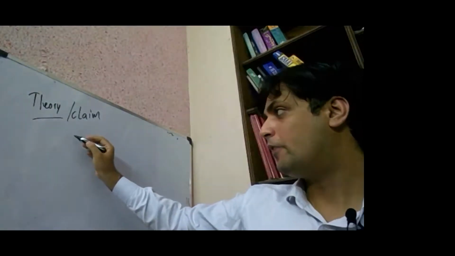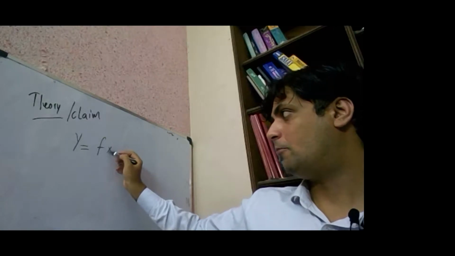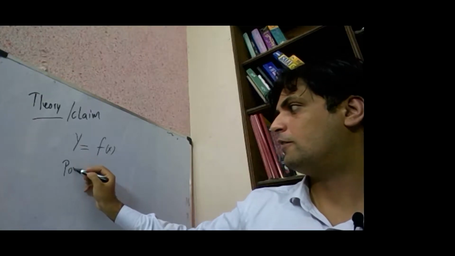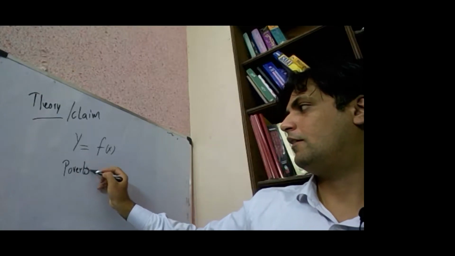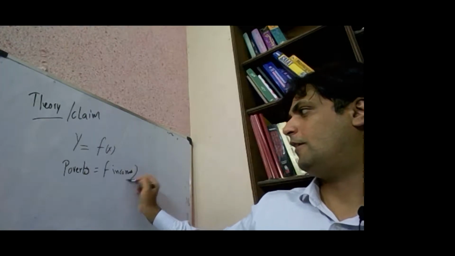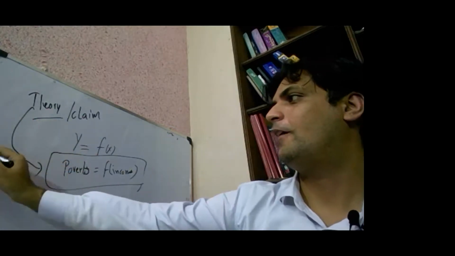So how do you give an equation form? That's how you formulate y = f(x), which means your poverty depends on your income. Now, that's the formulation of your theory.